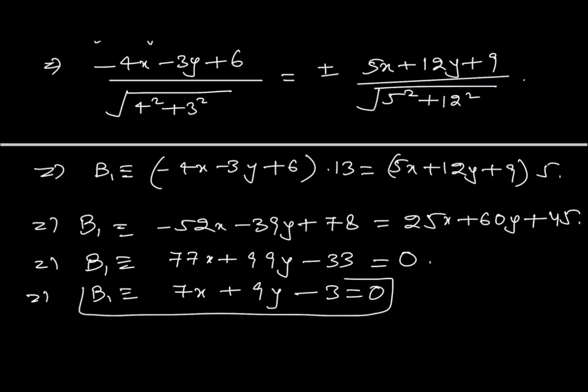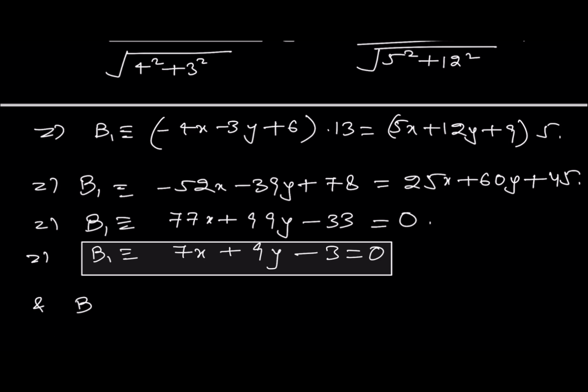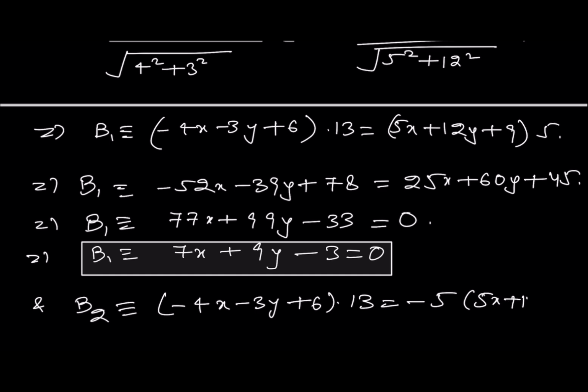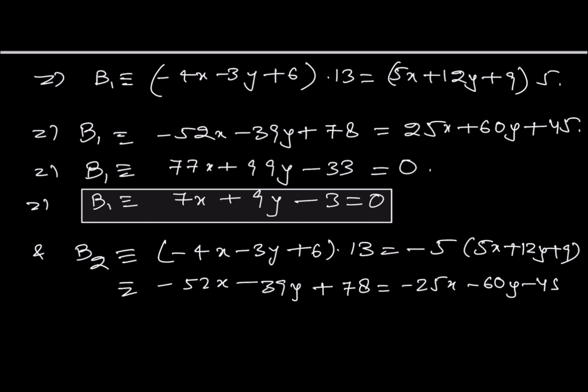This is bisector 1. And B2 is (minus 4x minus 3y plus 6) into 13 is equal to minus 5 times (5x plus 12y plus 9), or minus 52x minus 39y plus 78 is equal to minus 25x minus 60y minus 45.